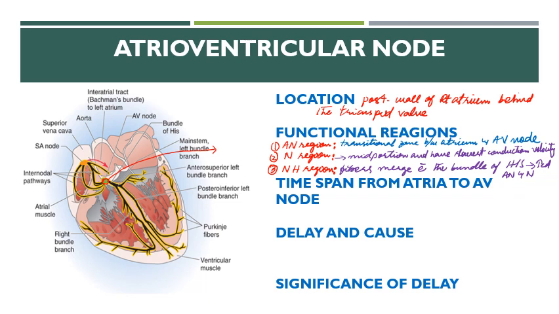The impulses from SA node through internodal atrial pathways pass to atrioventricular node in 0.03 seconds with transmission velocity of 0.3 to 1 meter per second.